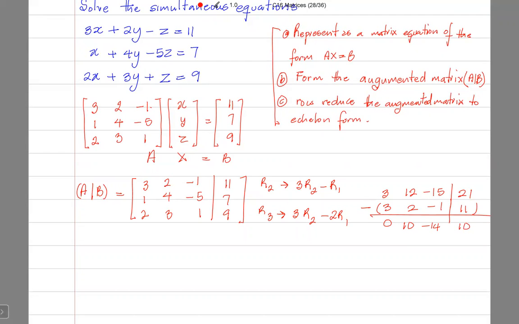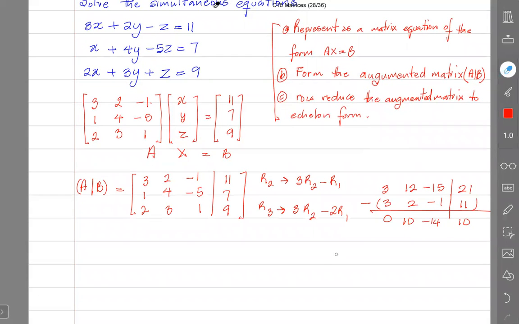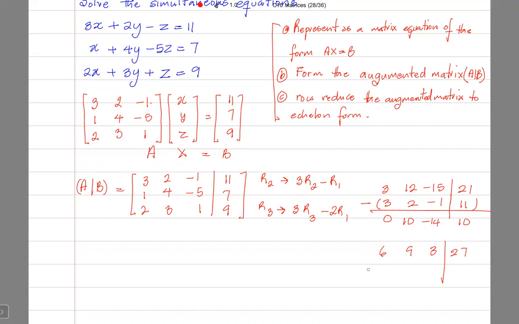All right, row 3, 3 row 3 minus 2 row 1. So 3 row 3, we have 6, 9, 3, 27. Minus 2 row 1, we have 6, 4, minus 2, 22.